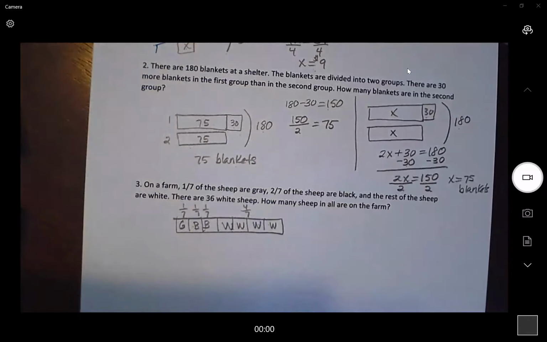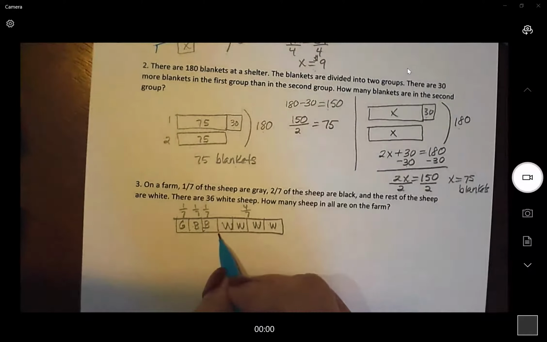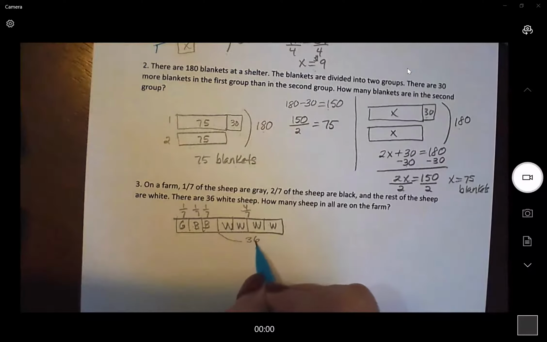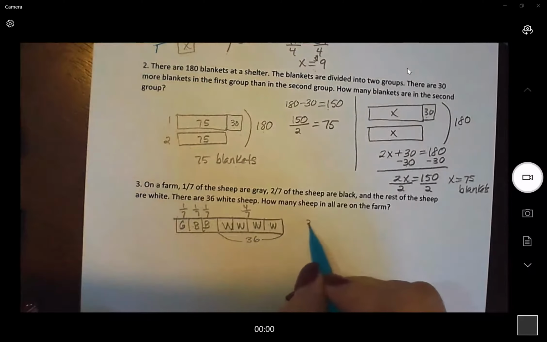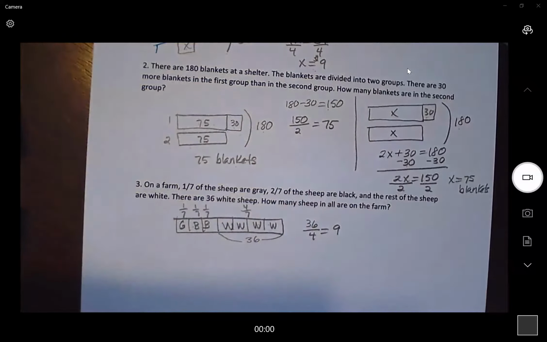But now it tells us that the white sheep has a total of 36. So that makes it kind of nice. I could find out what each one of these is by equal parts. Because there's 4 equal parts, if we take 36 divided by 4, that gives us 9.